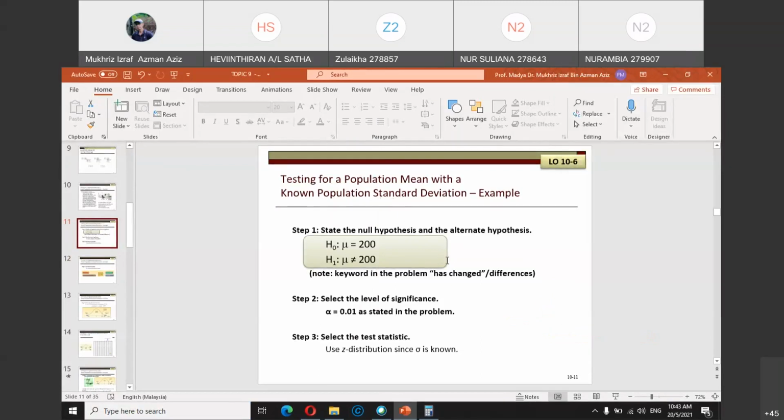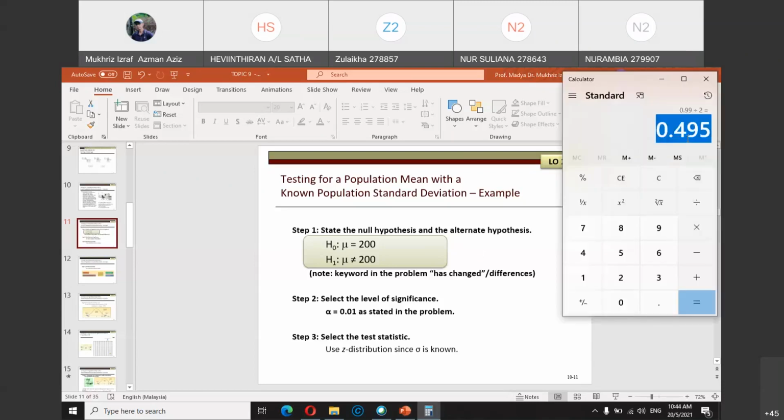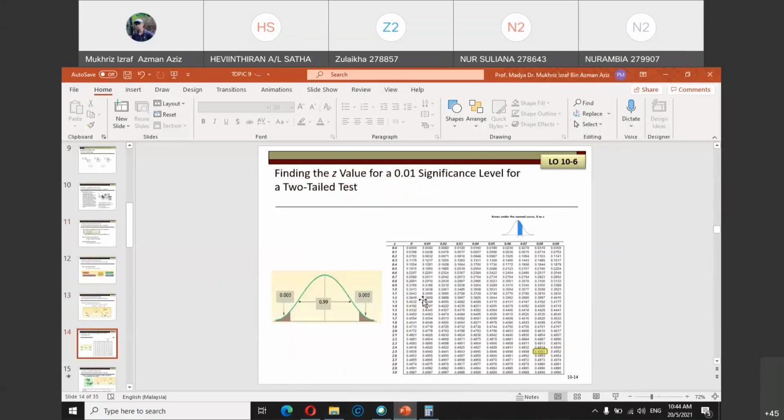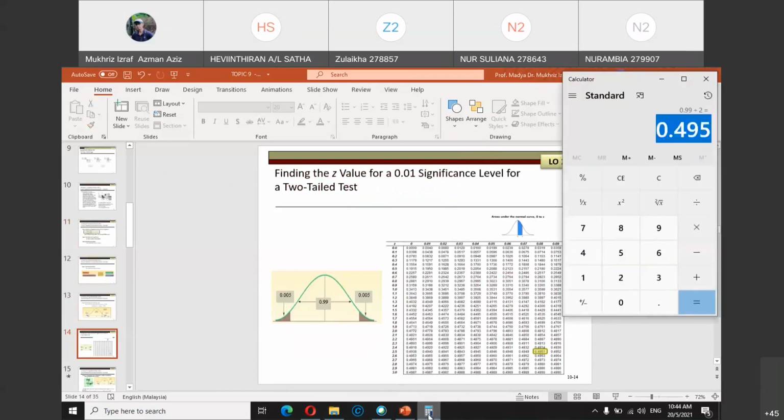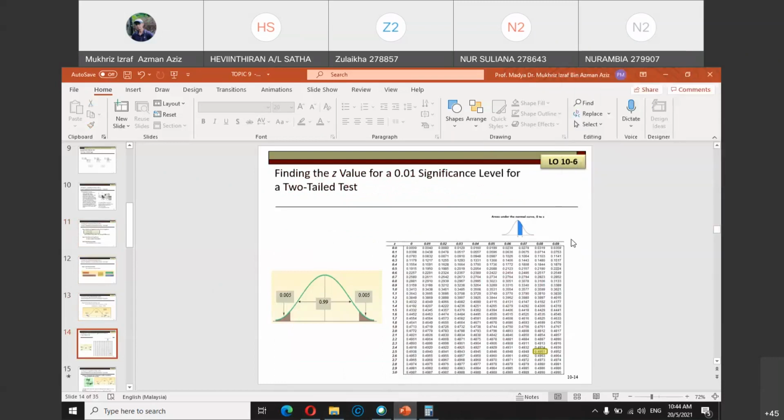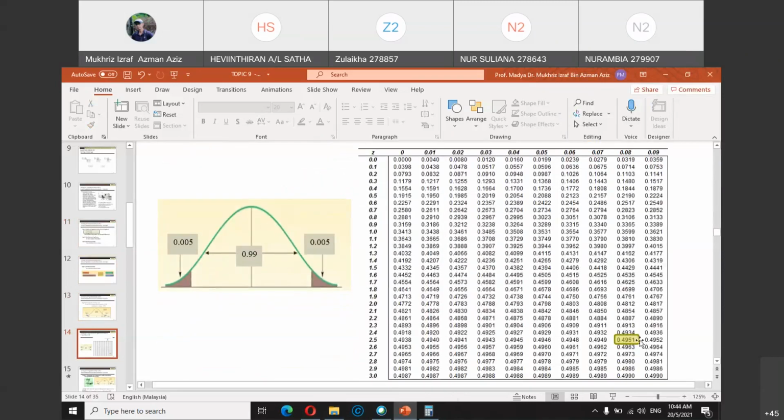If you want to construct a 99% confidence interval using the Z table, you divide 0.99 by 2, you get 0.495, and then you refer to the Z table and find the value that is closest to 0.495. This is what you see here also. The one closest to 0.495 in your Z table is 2.58 here.